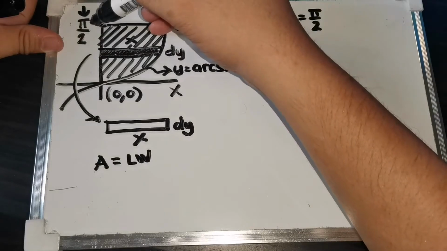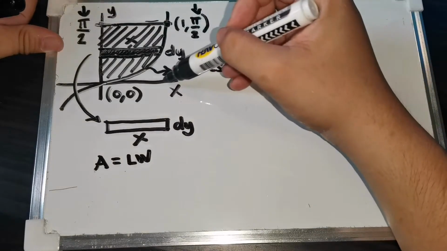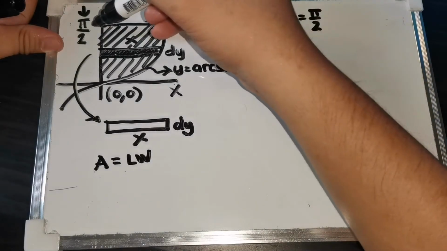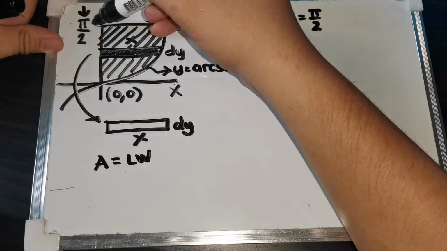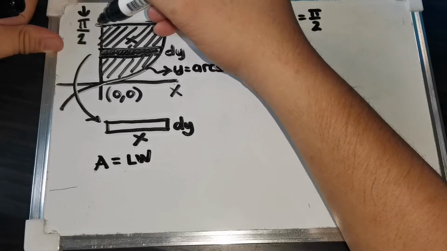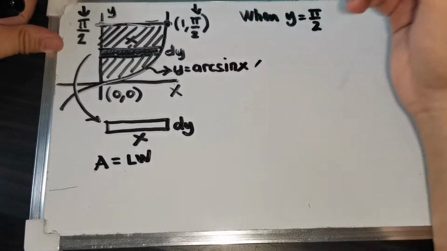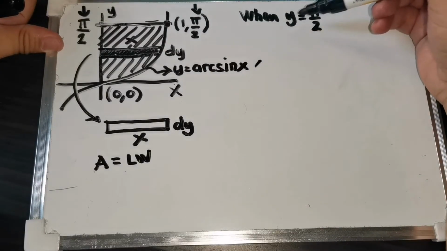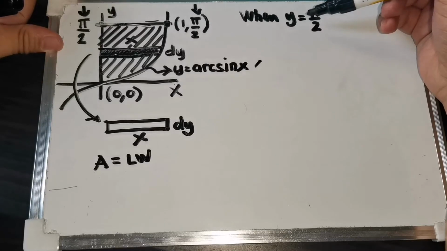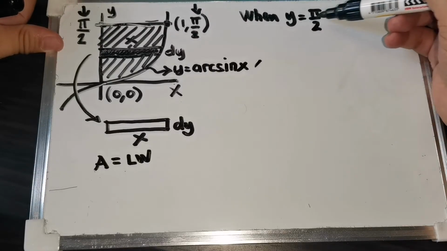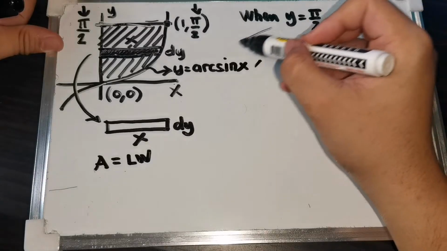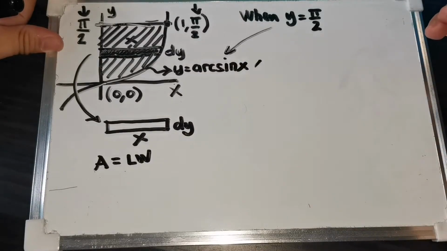This line is parallel to the x-axis, so whatever the vertical distance from this line to the x-axis, that will be your y.